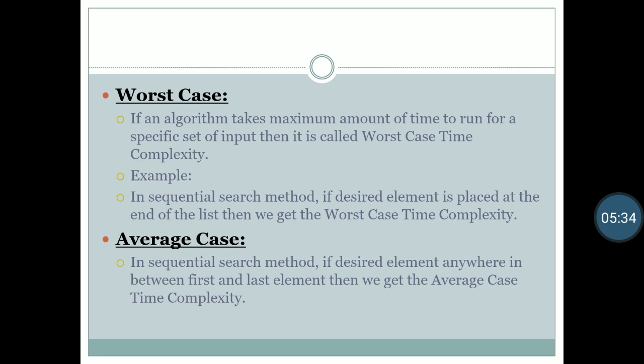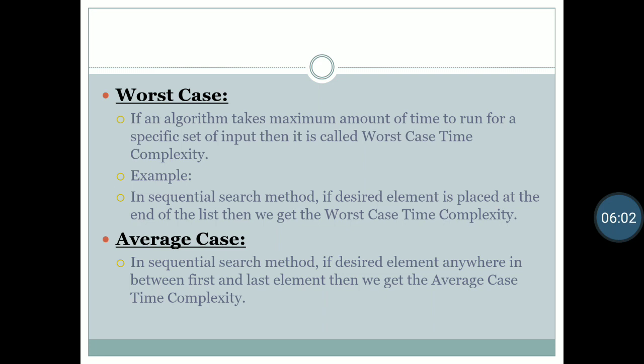Because we have to check each and every page of our book, and at last we find our solution on the last page, so it will be a worst case. In sequential search method, if the desired element is placed at the end of the list, then we get the worst case time complexity.